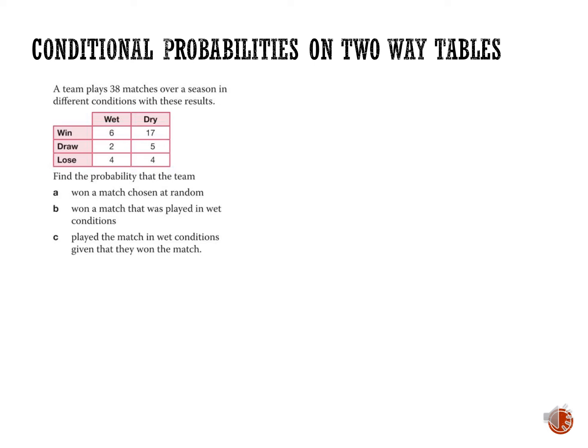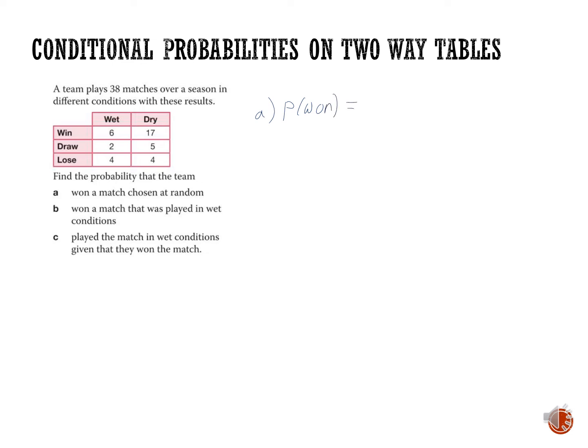So let's see if you understood what we did before when we were looking at those independent events. So, two-way table, win, draw, lose, wet or dry. First couple of bits of the question, not really conditional probability. Probability that they won a match chosen at random.